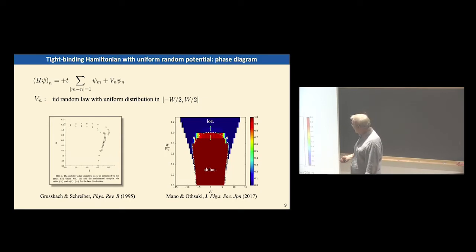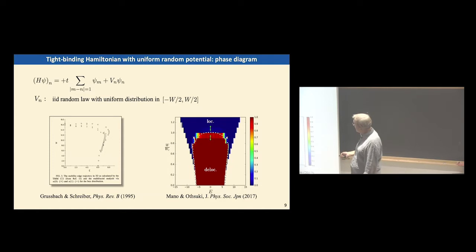So the diagram that you have here is that at low enough disorder, you have delocalized eigenfunctions in the center of the spectrum, and on this edge, you have localized eigenfunctions. As the disorder strength grows, you have more and more localized eigenfunctions, with the edge going like this, to plus 6 plus W over 2.